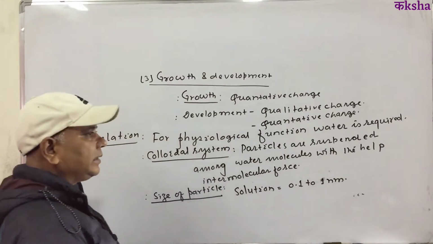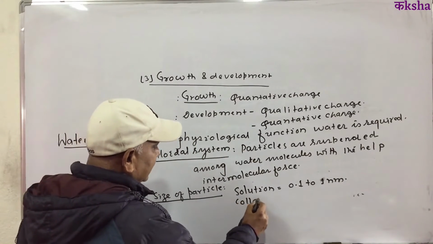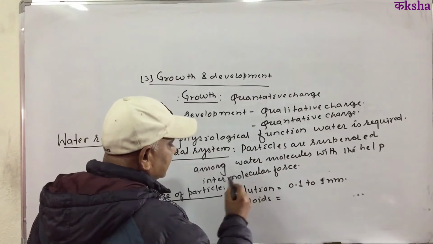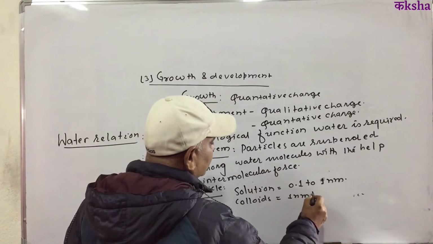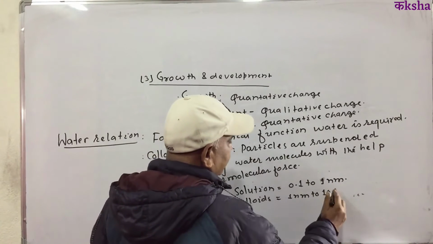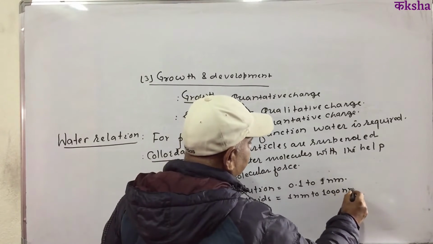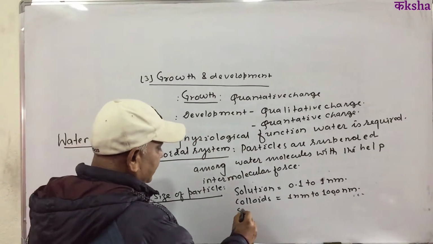And after that, colloids, that we have to know. Colloids have particles of 1 nm to 1000 nm in size. And after that, suspension.